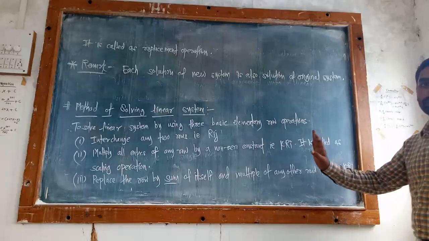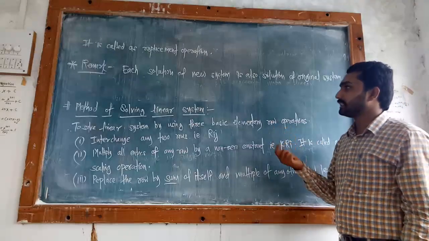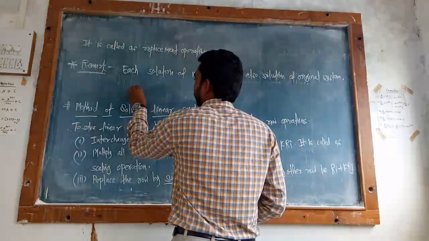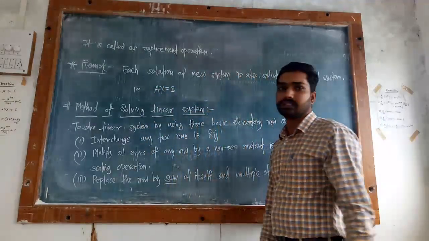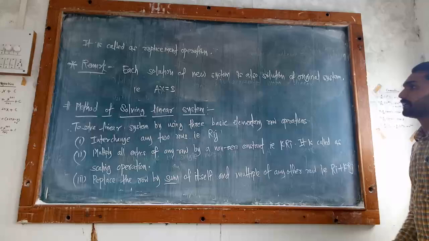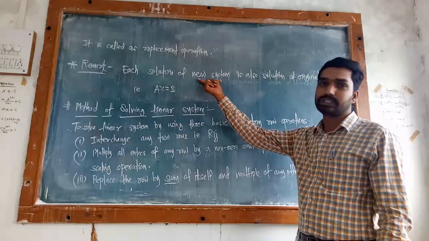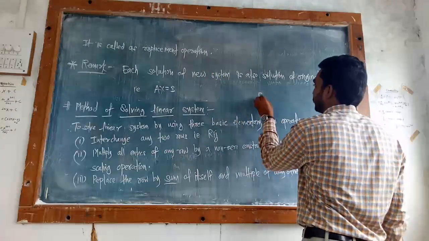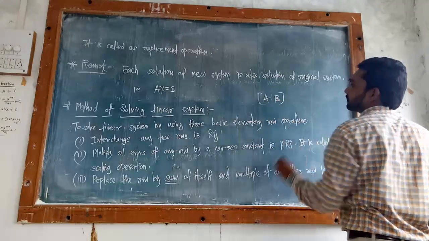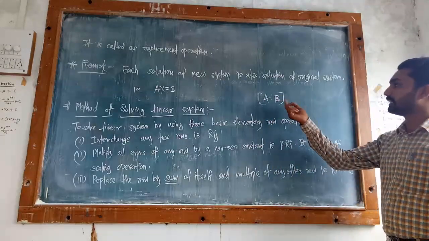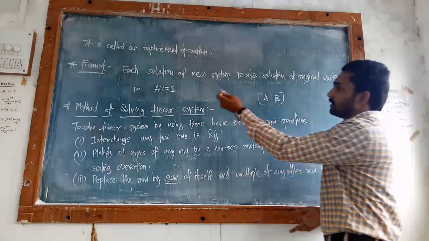If we have a system of linear equations, that is Ax equal to b, this is your original system, and this is your augmented matrix.